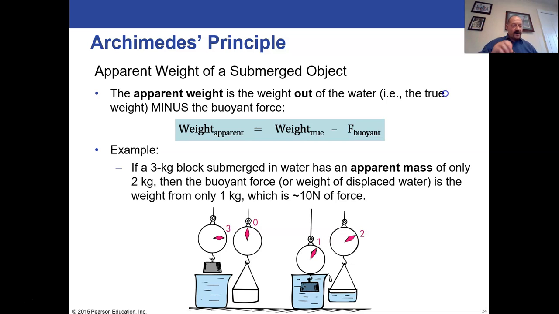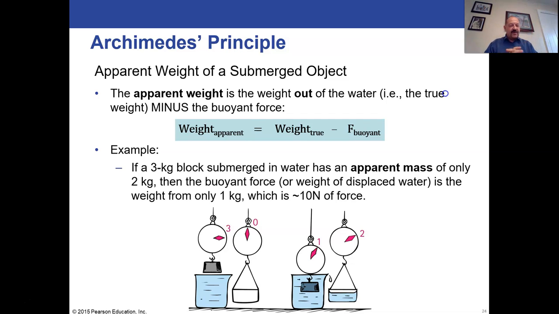We put it in water, and we can hang it from a spring scale, so we know what the weight is of the block before we put it in water. It's 30 newtons. We dip it in water, and suddenly it only weighs 20 newtons. Well, where did that extra 10 newtons go? That's the buoyant force.